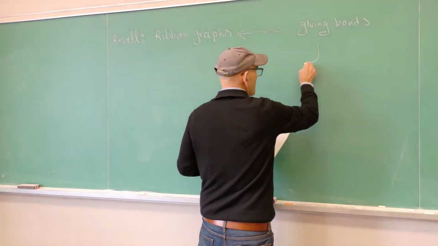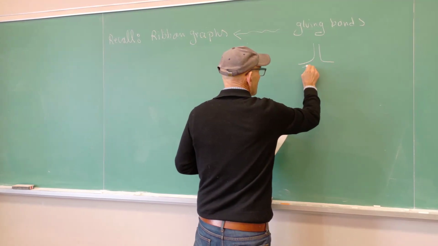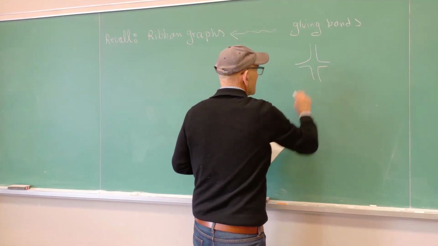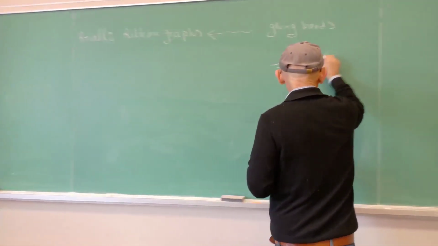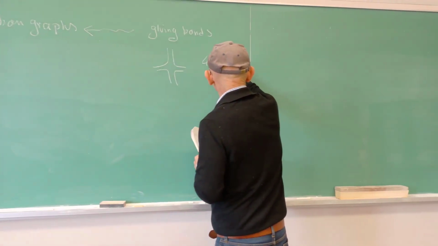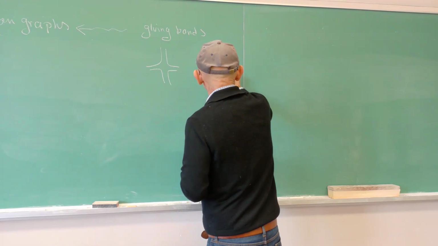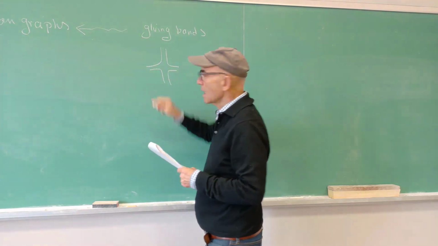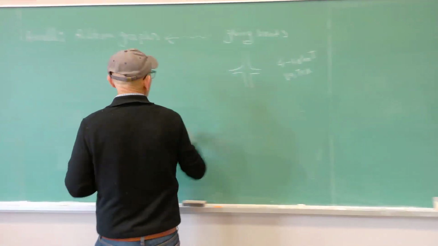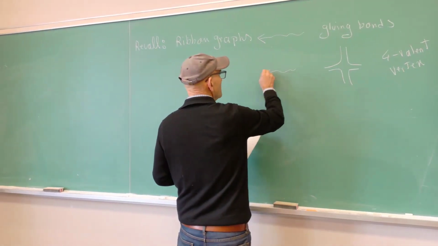For example, we had a vertex of 4 bands, a 4-valent vertex. We just have 4 bands, and then we glued in some way.